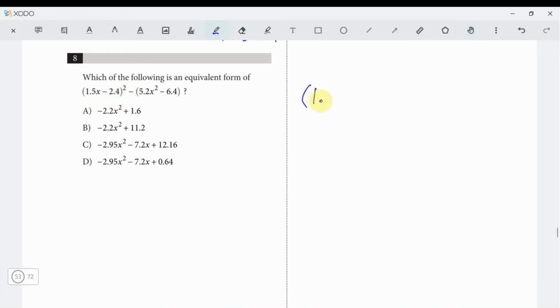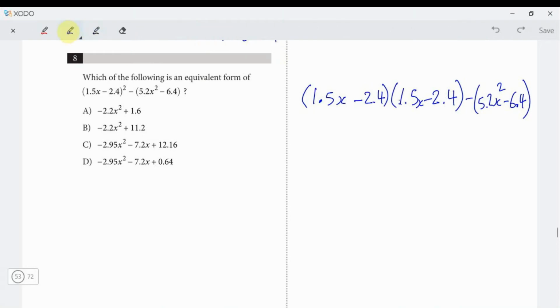So really what they have is (1.5x minus 2.4) multiplied by (1.5x minus 2.4), and then you're going to subtract the 5.2x squared. I left off the x, thank you. And then we subtract our 6.4. So that is what square means, guys. The square just means that we're multiplying it by itself.